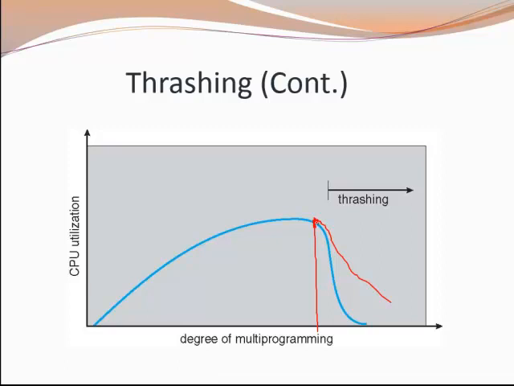That means the CPU is busy in I/O operations instead of executing something, and its utilization decreases. This concept is known as thrashing. If we summarize the concept of thrashing, the phenomenon is simple: in order to increase the degree of multi-programming, a situation occurs where the page fault rate increases and the CPU is busy in I/O operations, so its utilization decreases. This situation is known as thrashing.